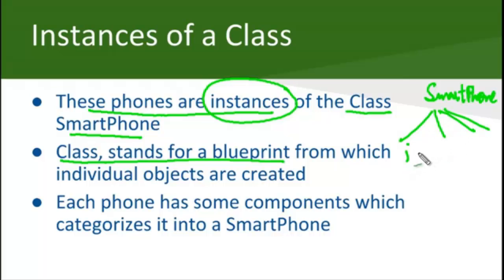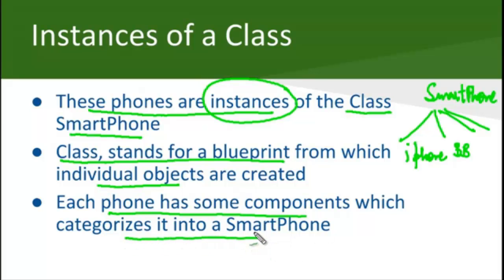It can have an iPhone, it can have a BlackBerry or anything else. So there is a basic blueprint and from this individual objects are created. Just understand the concept that in the real world there are various objects of similar kind. Now each phone has some components which categorize it as a smartphone.